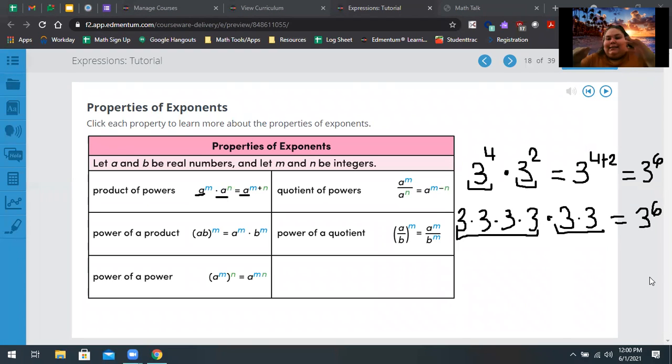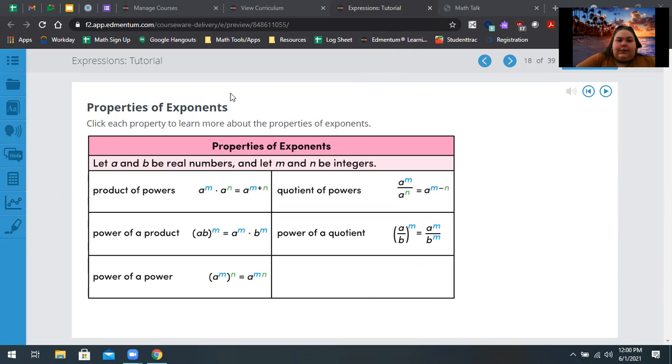My preference is that first line, because imagine you had 3 to the 10th power. Writing out 3 10 times is a little bit time consuming. Let's go ahead and take a look at the next one.